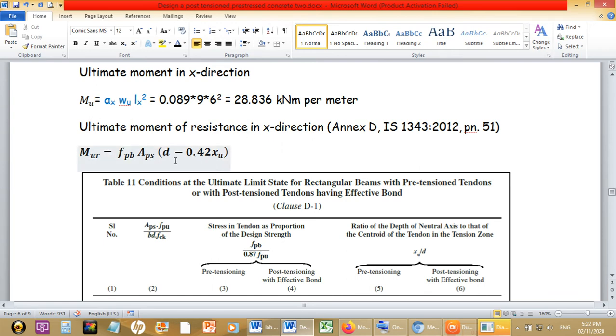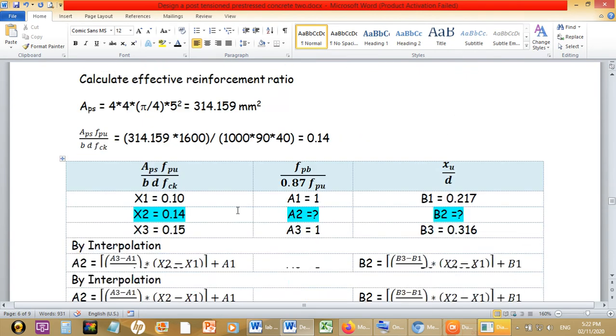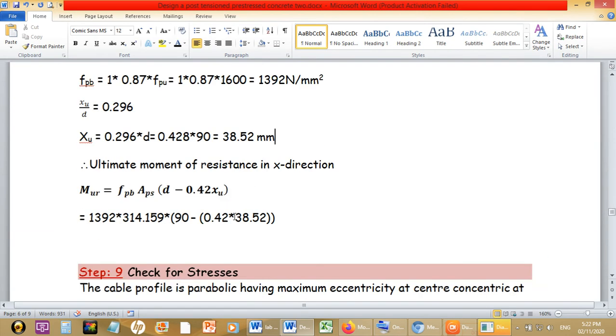Now we have all the unknown values in the expression for ultimate moment of resistance. When we put all these values in this formula, we get the ultimate moment of resistance as 32.283 kilonewton meter, which is greater than the ultimate moment.